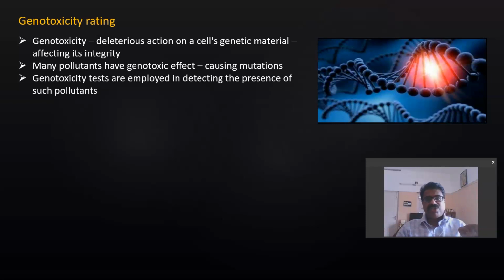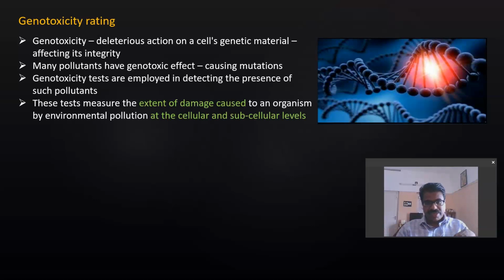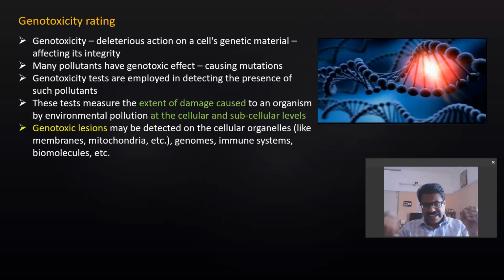And there are several genotoxicity tests which are used for detecting the presence of such pollutants. These tests can measure to what extent this damage has taken place, either at cellular levels or subcellular levels, how deep it goes. This can be tested using genotoxicity rating. And there are several lesions.